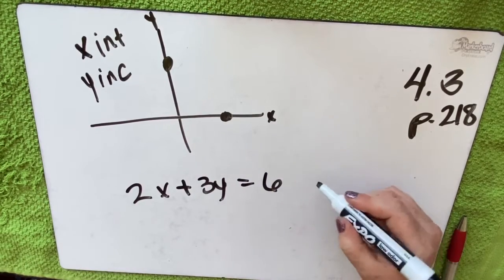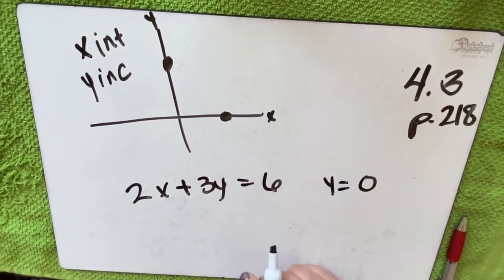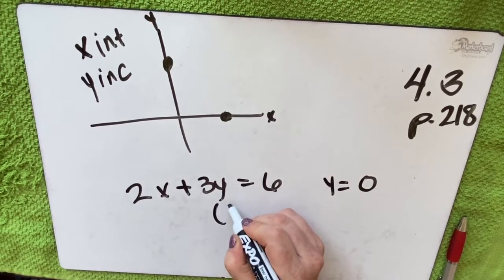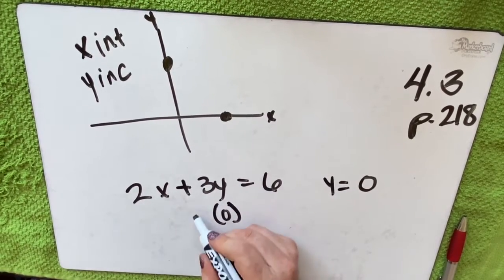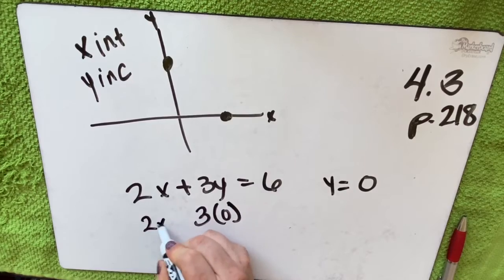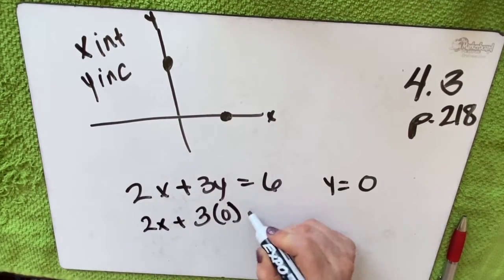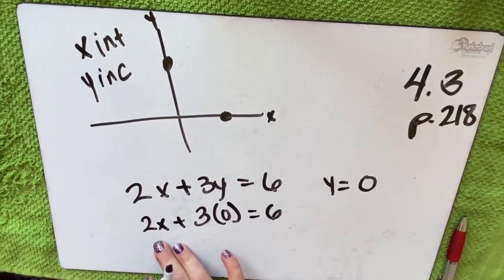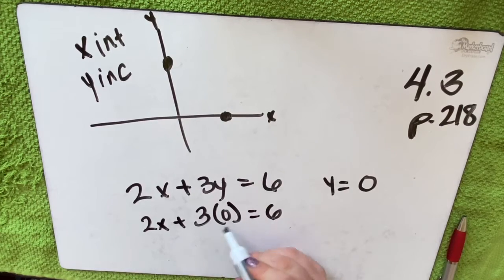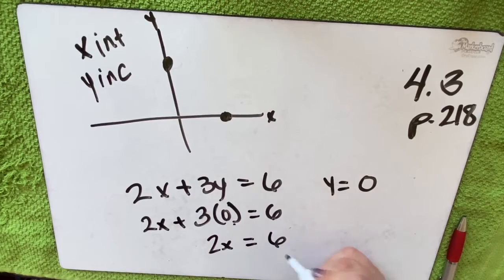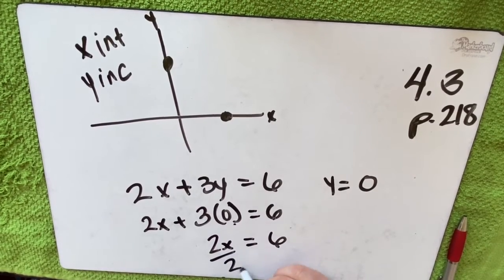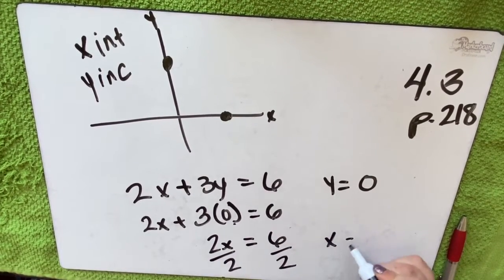And they said let y equal 0. So they said put 0 in here. So you have 3 times 0, 2x plus 3y equals 6. So you're solving for x. So 3 times 0 is 0. So now I have 2x equals 6, right? Divide by 2, divide by 2, x equals 3.